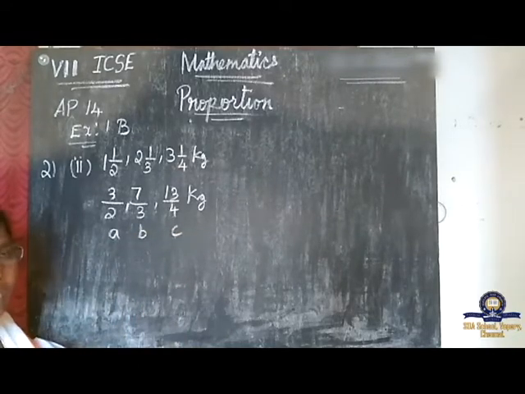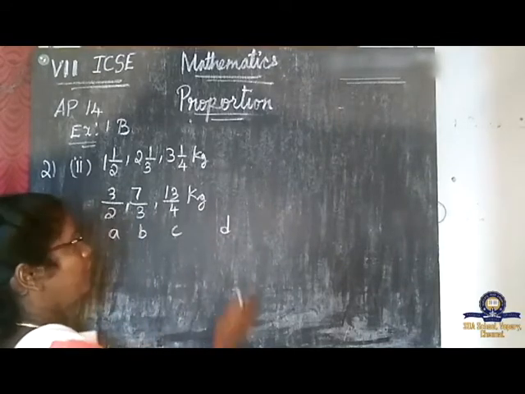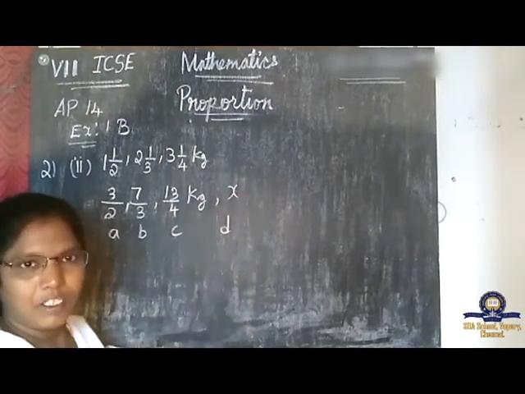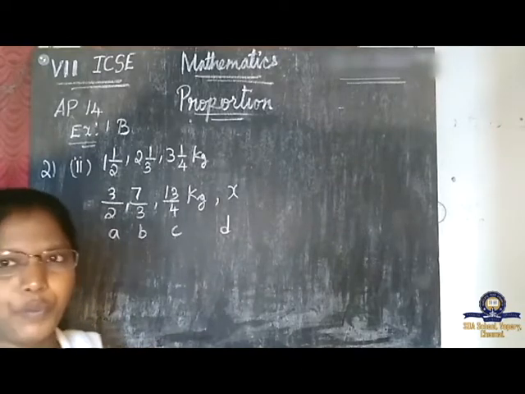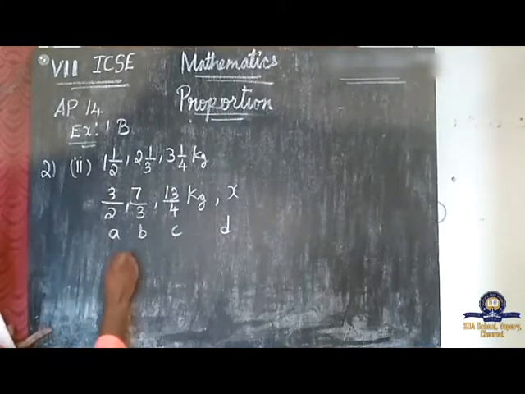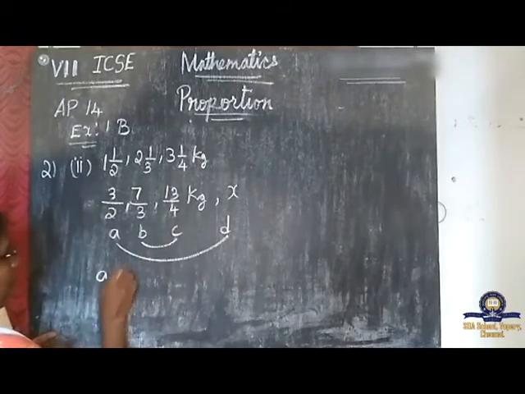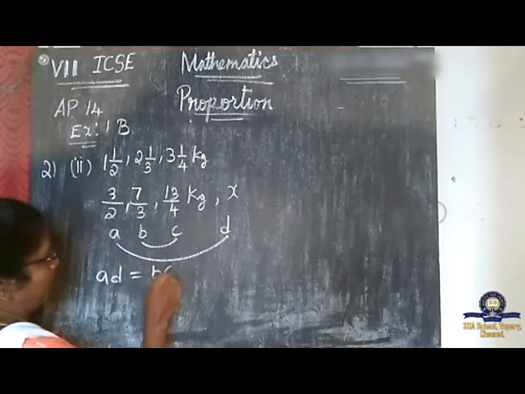They are asking us to find out the fourth proportional. We don't know what the fourth proportional is, so we take it as X. Let X be the fourth proportional. Again, we are going to use the cross product rule here also. AD should be equal to BC.